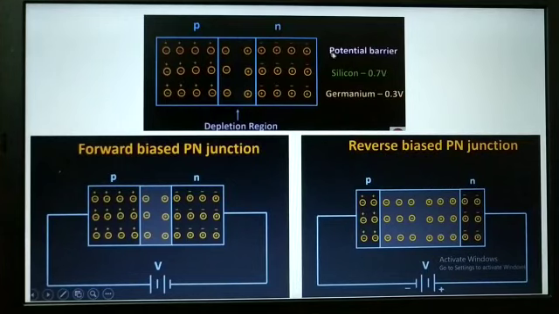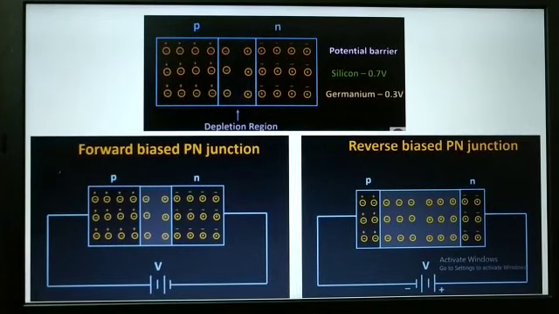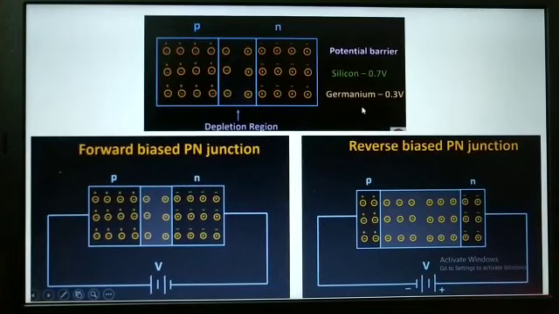Now what is this potential barrier? For silicon it is 0.7 volt, and for germanium it is 0.3 volt. So if holes want to go from p type to n type, they should at least have 0.7 volt to cross this junction or this depletion region.